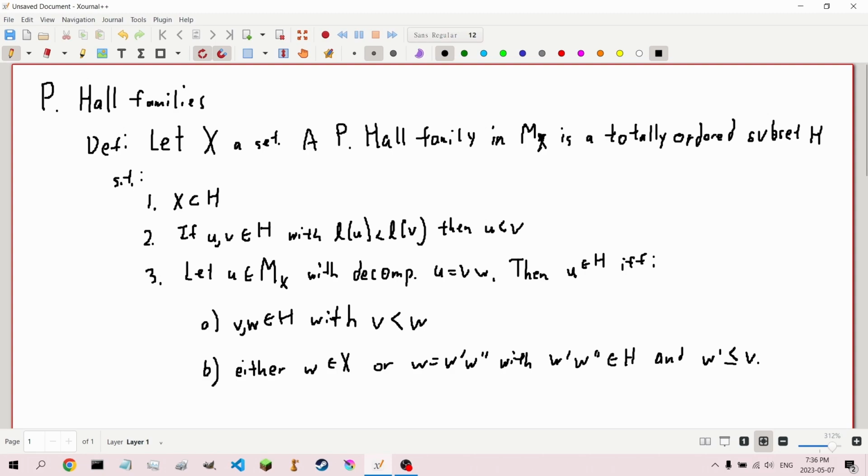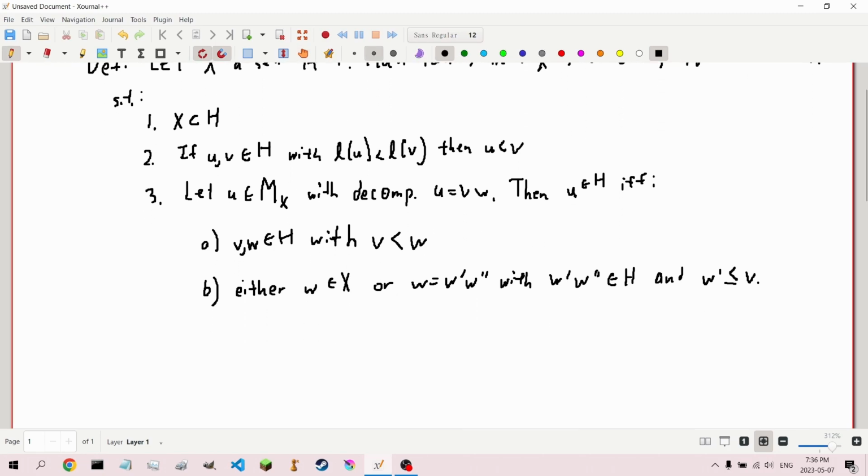This is a very abstract definition. It's not hard to see if a given thing would be inside a p-Hall family, but it is kind of bizarre as a definition, and it comes with a lemma.